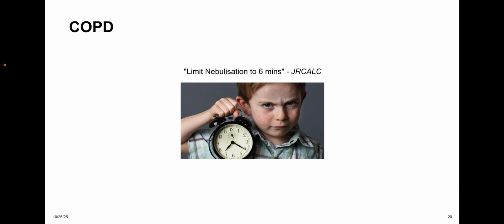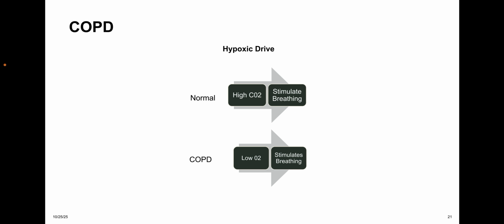So first of all, there's a few theories as to why a lot of oxygen may be bad for COPD patients. First one is this idea of a hypoxic drive effect. In normal functioning patients, if they were to hold their breath, their carbon dioxide levels would rise, which would be picked up by these chemoreceptors, which tell the brain, we need to breathe.